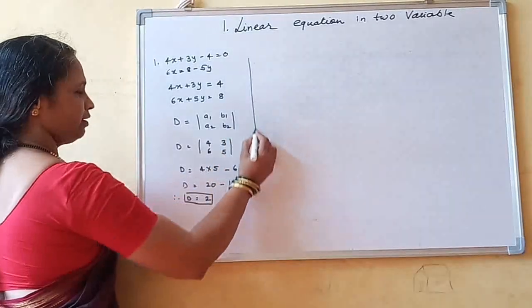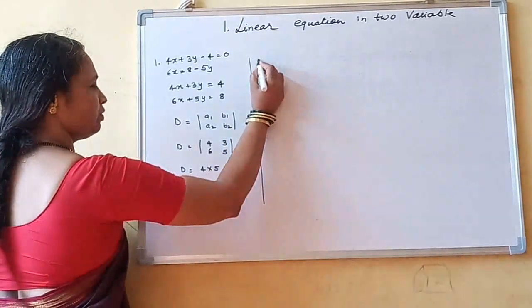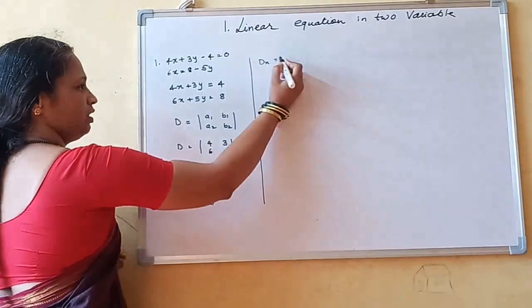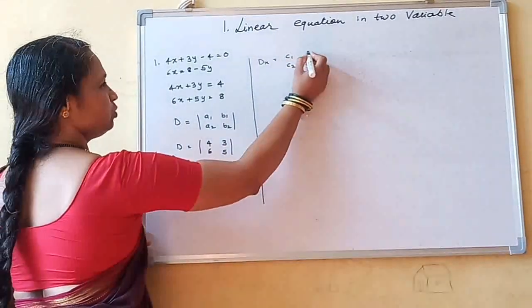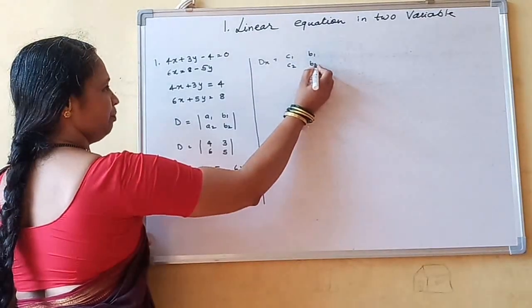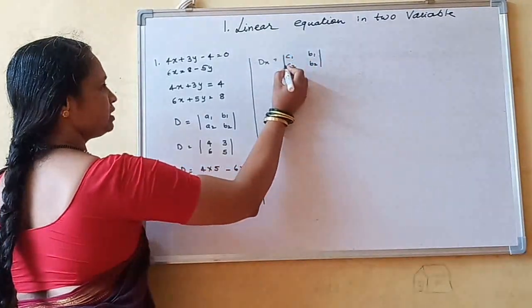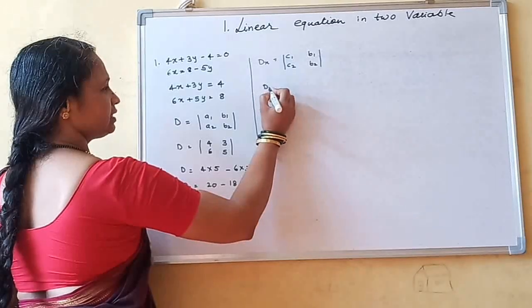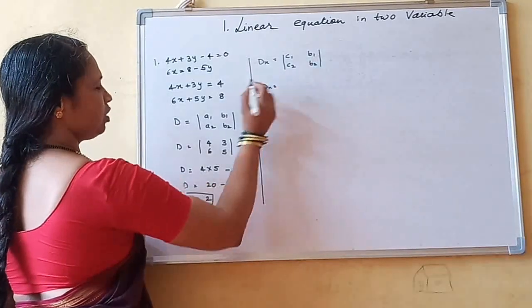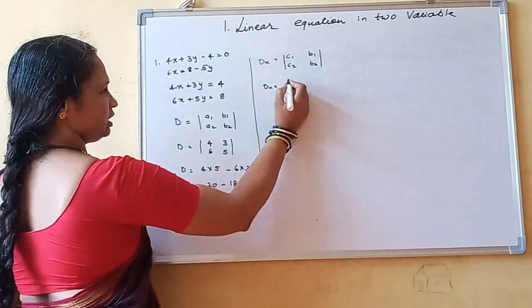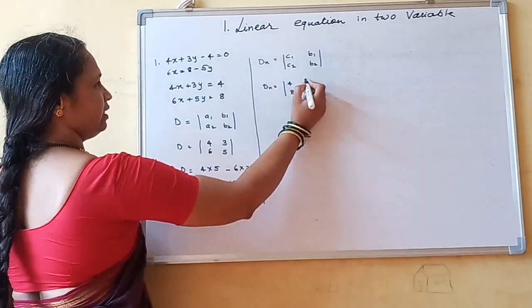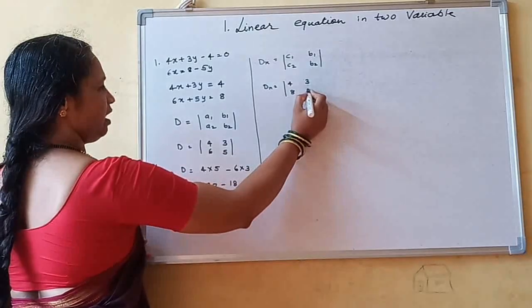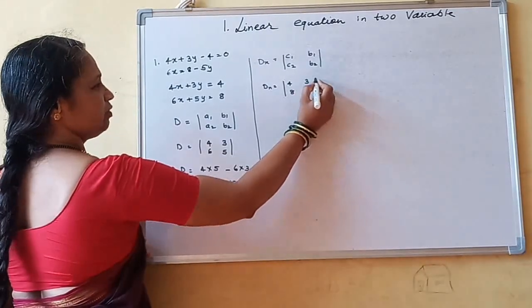Now we will find the value of Dx. Dx is equal to the determinant of C1 C2 B1 B2. C1 is 4, C2 is 8, B1 is 3 and B2 is 5.